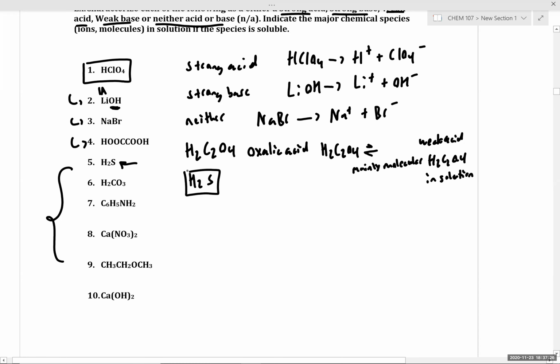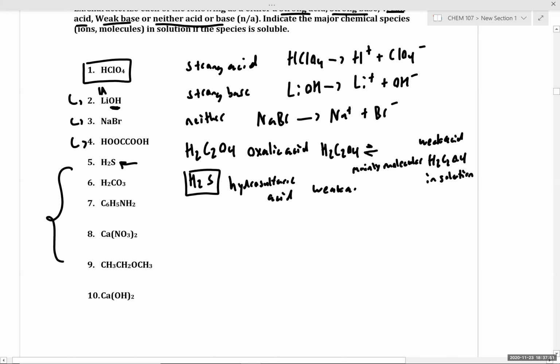Acid. Yep, it's known as hydrosulfuric acid. And based on the list of strong acids that we were provided, is hydrosulfuric acid a strong acid or a weak acid? Weak acid. Yep, exactly right.